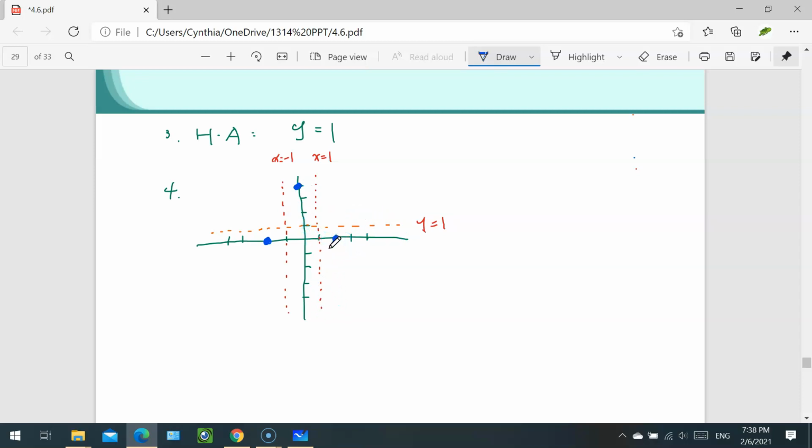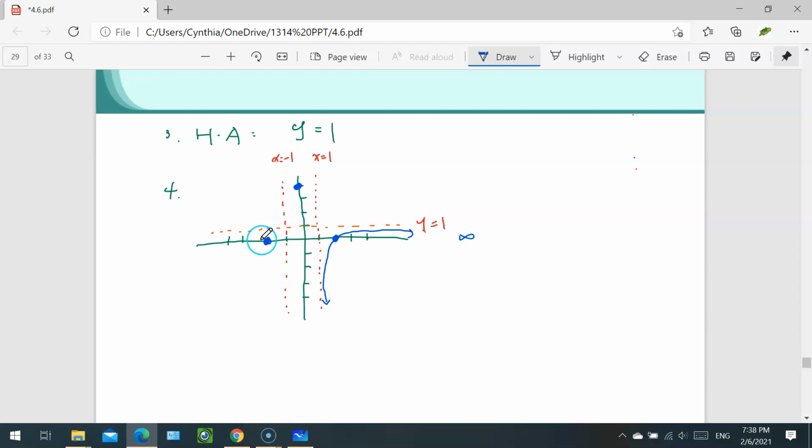So the curve will get very close to the vertical asymptote. And when you go to positive infinity, it will always be below y equals 1. That would be the end behavior. When this curve goes to positive infinity, it will be very close to y equals 1.